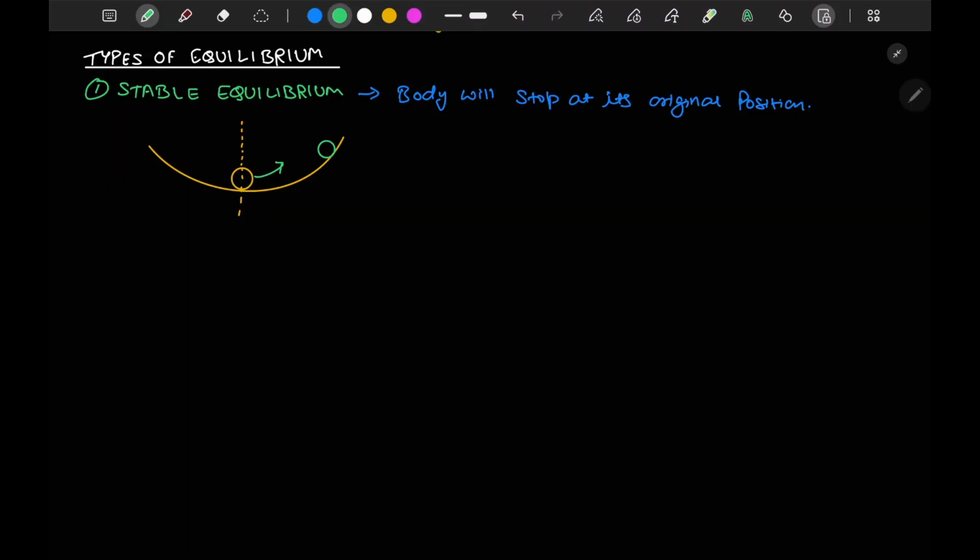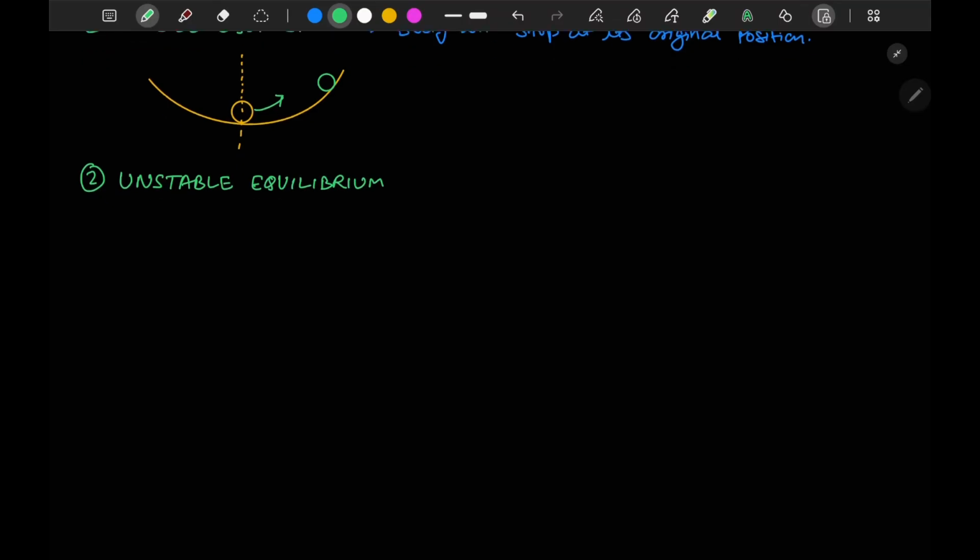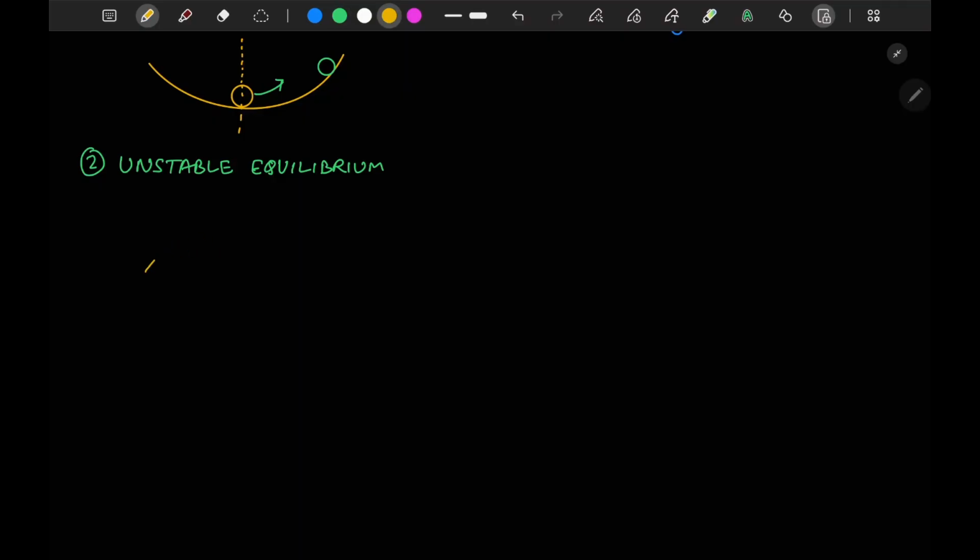Now the second type of equilibrium is unstable equilibrium. For unstable equilibrium, let's say that we have a curvature like this, and a ball is kept at the peak.